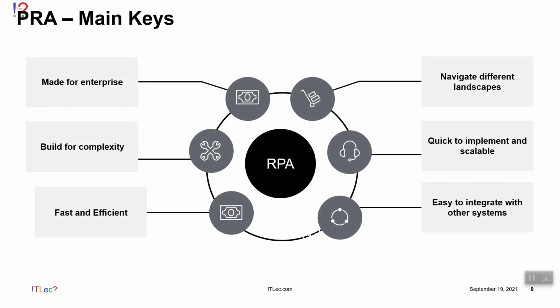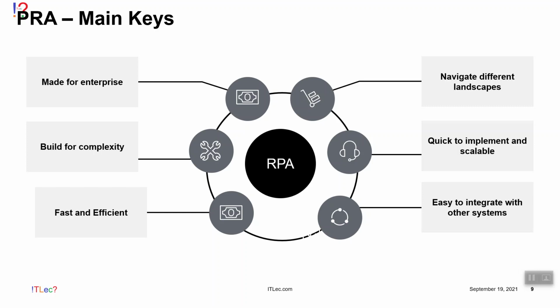So here are the main keys for RPA. It navigates different landscapes. We can jump from web to desktop to terminal and from one system to another system. It is quick to implement and scalable. You can implement it in small pieces. Deployment is not as complicated as normal software. It is easy to integrate with other systems.